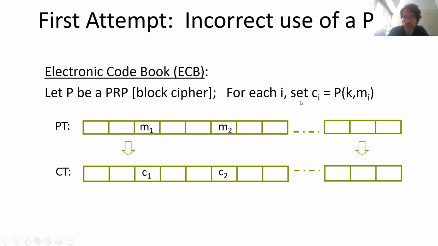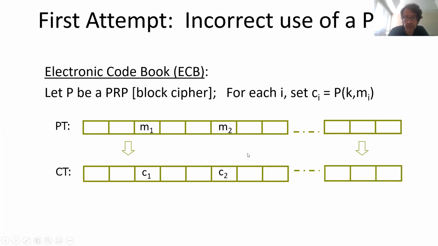In the case of DES, triple DES, 64 bits. Then for each block, run the block cipher, the PRP, on its key and feed the blocks into it. The blocks that the PRP outputs, concatenate them, and that's your ciphertext.